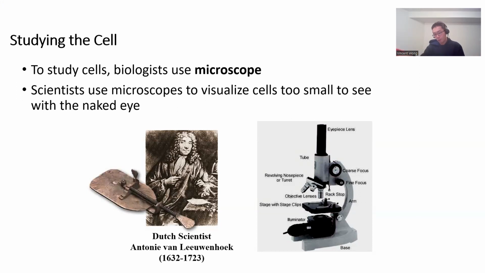If you look at a drop of water from the pond, you wouldn't expect anything living in there, but under the microscope, you'd be surprised to find a lot of things. So he described these things as animalcules, as in little molecules that look like animals. But we now understand those are unicellular organisms.